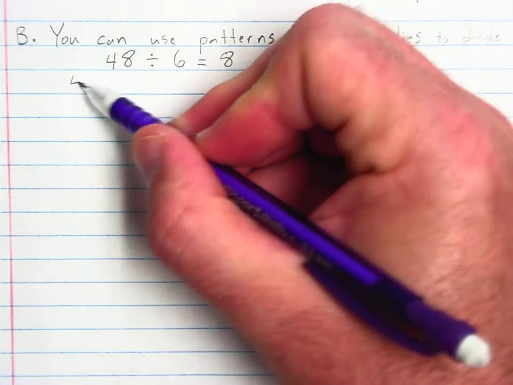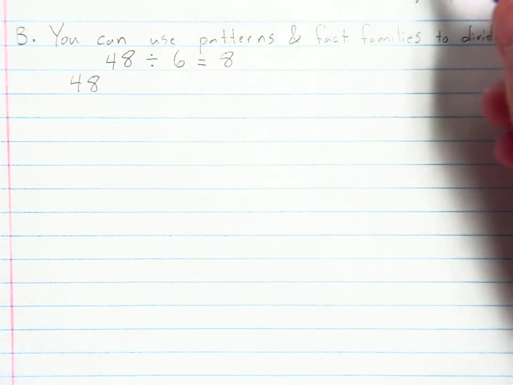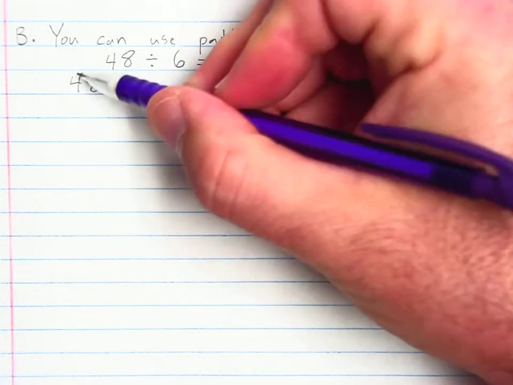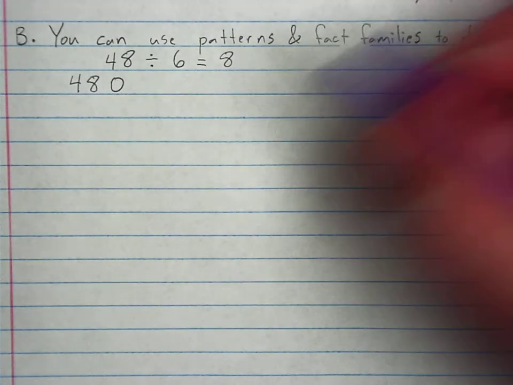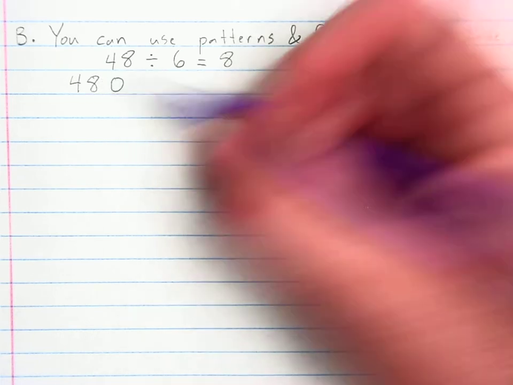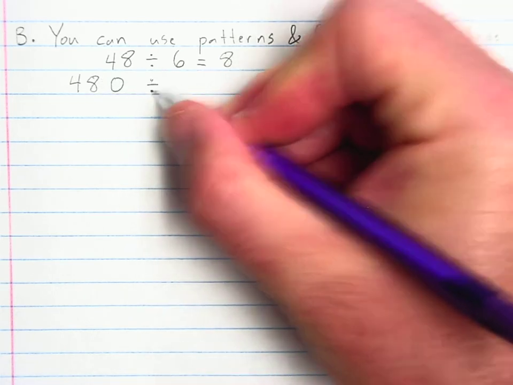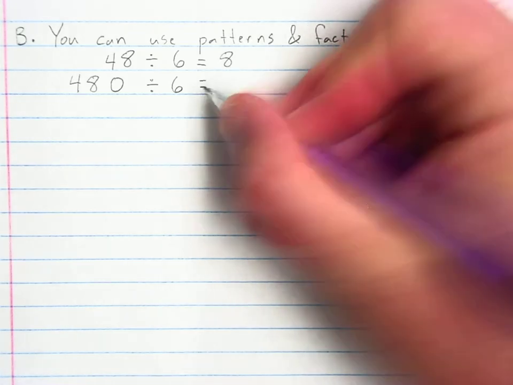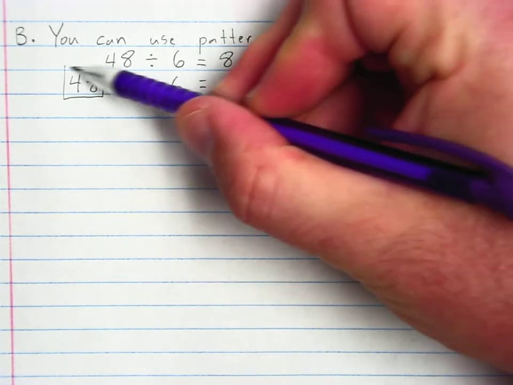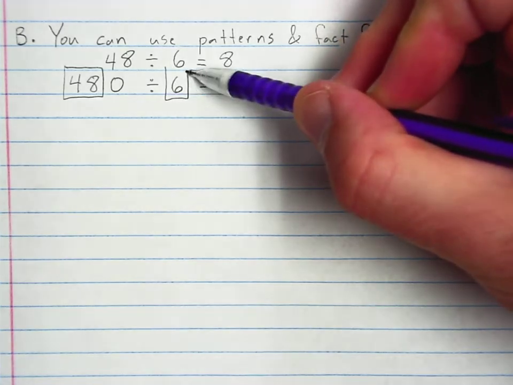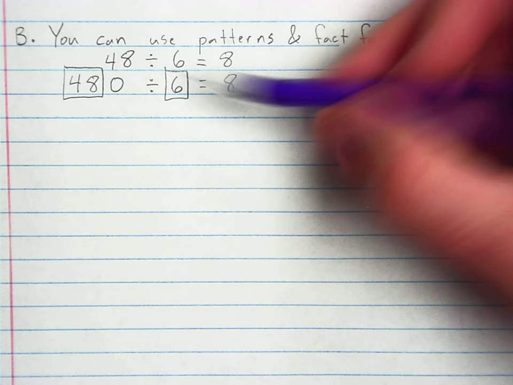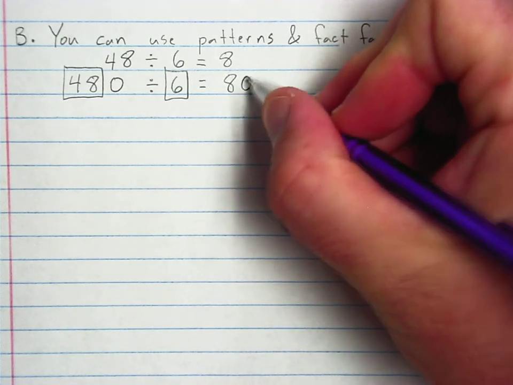Now, if I multiply the 48 by 10 and add a 0 to it. So this is a multiple of 48, just 10 times bigger. And I divide that by 6. I can use my own rules. Look at the non-zero digits. Go ahead and divide. 48 divided by 6 is 8. I had a 0 here, so I'll put a 0 here.